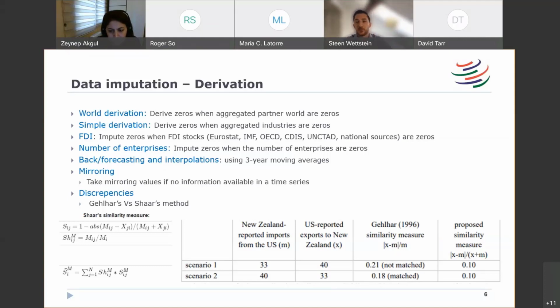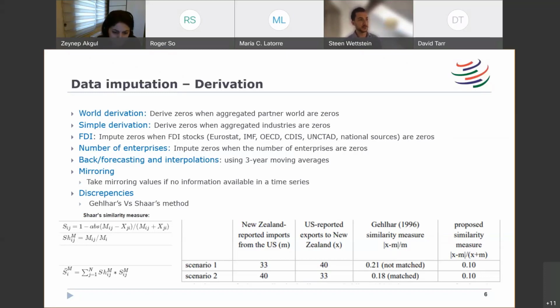So whenever they report no enterprises, we assume that there's no sales. We also use the time dimension. Whenever we have multiple data points reported within a time series, we prefer using averages instead of mixing, for example, predicting values with hard data.